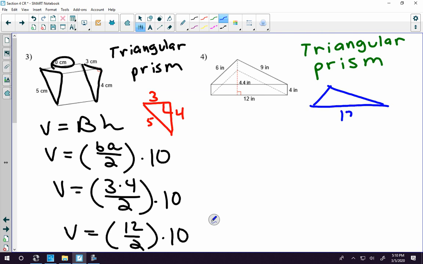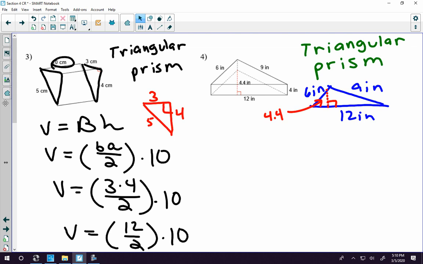So this is 12 inches, then this is 9 inches, we got 6 inches, then the altitude of this triangle on the bottom, this segment, that's 4.4. So I'll put an arrow here. The altitude or the height of the triangle is going to be 4.4 inches. Okay, I'll highlight the triangle I just redrew. It's down here on the bottom.